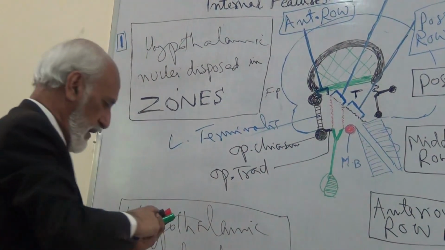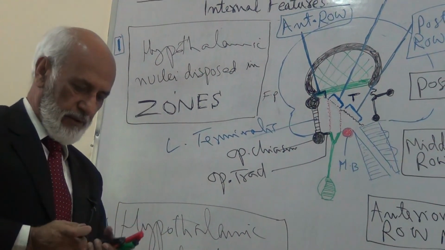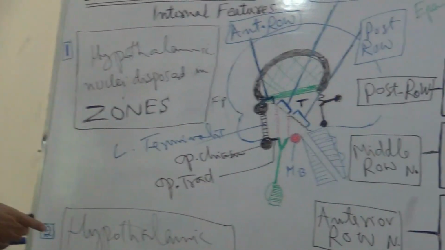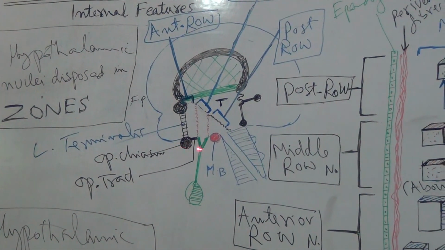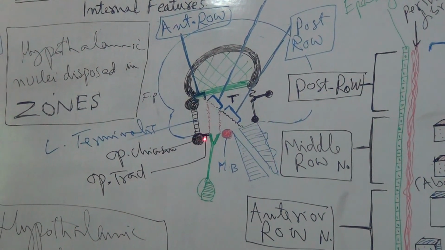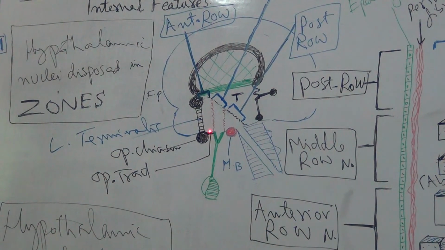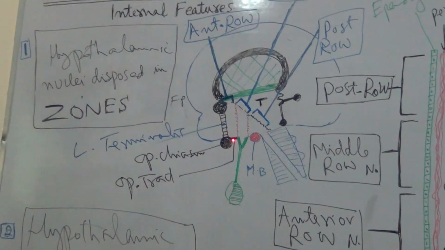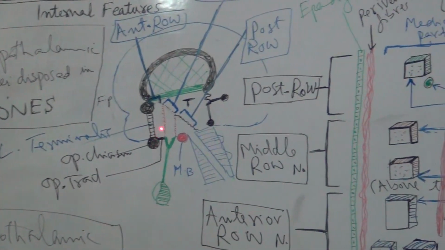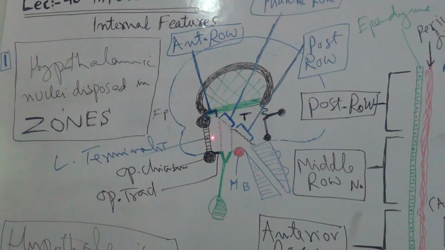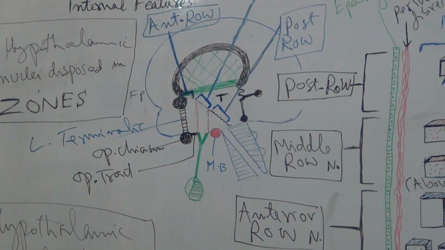Therefore, if you know these structures in the floor of the third ventricle from before backwards, optic chiasma and optic tract, you can easily name the nuclei: supraoptic, suprachiasmatic, preoptic, and paraventricular anterior nucleus.